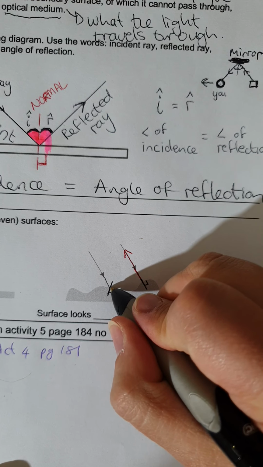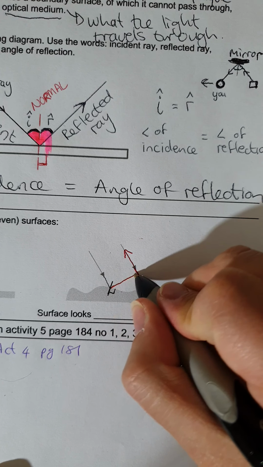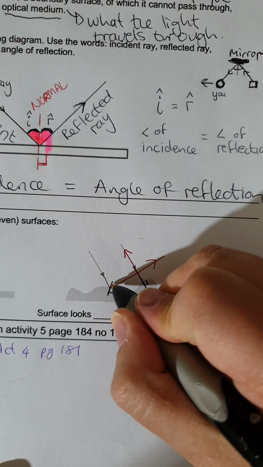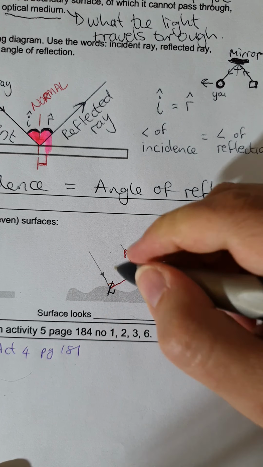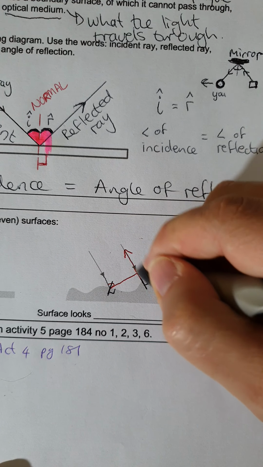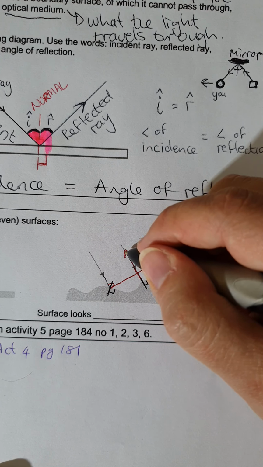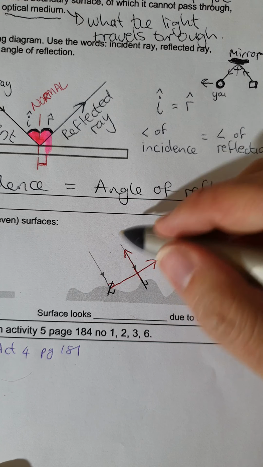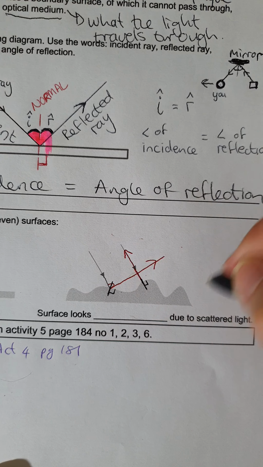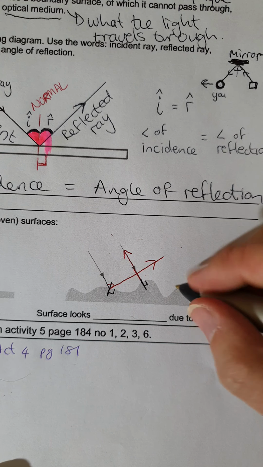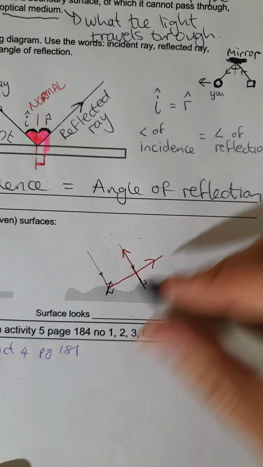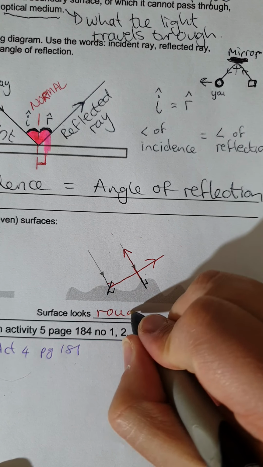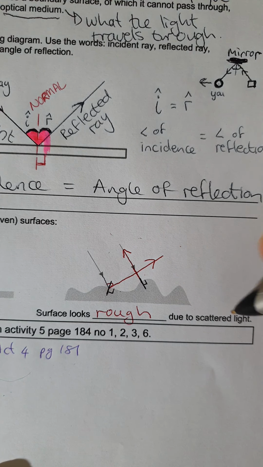Over here, my angle of reflection is going like that. See there's the little heart. If I end up going in the same direction as the normal, it's just going to go in its opposite direction. So I've got one light going there, one light going there, and they're all going to be scattered. They're all going to be all over the place. And so we see it as rough or not shiny due to the scattered light.